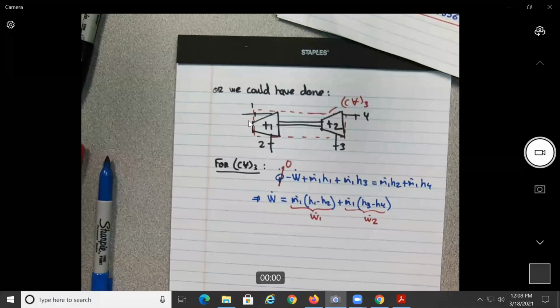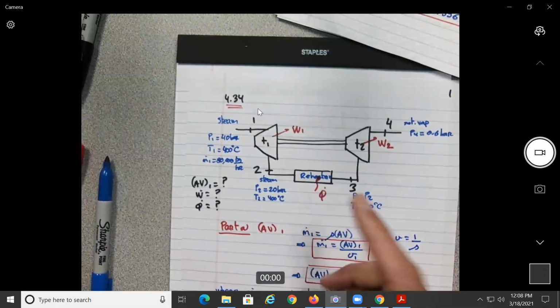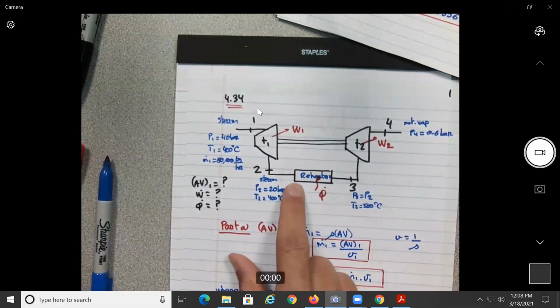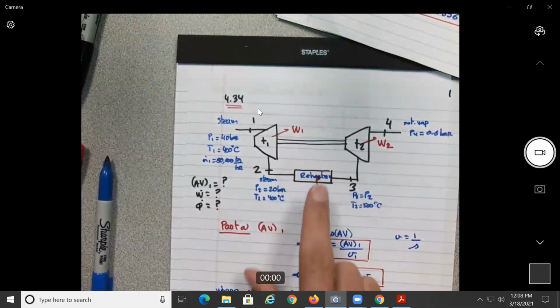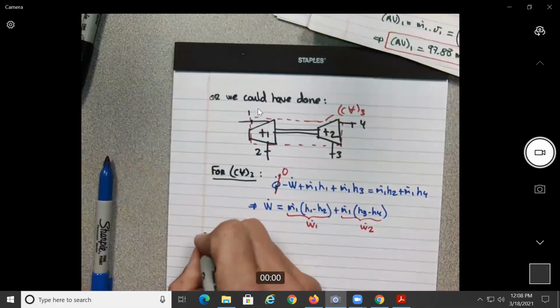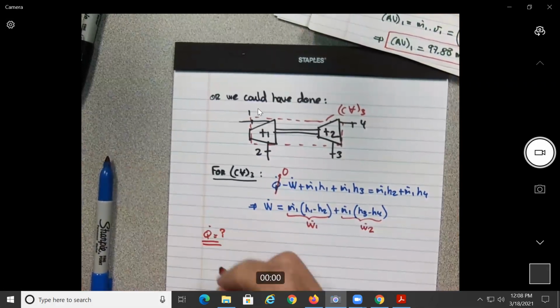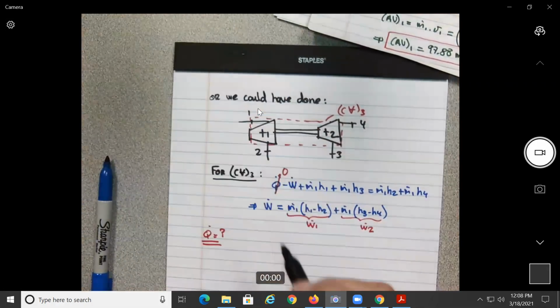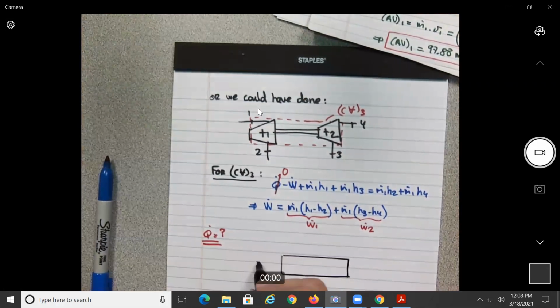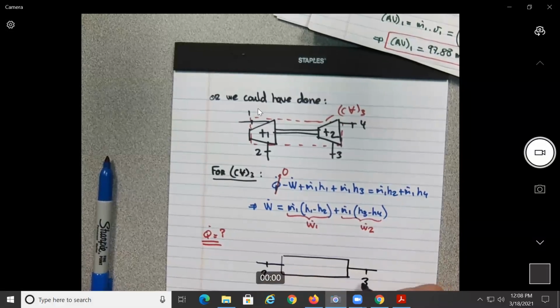So now the last thing we need to do is look at the reheater and see what is the amount of Q that is going in. So in this case, what do you think would be your control volume? Should be the reheater, no? Okay. So now, to solve for Q dot, we're gonna take the reheater as our control volume, and that's between 2 and 3.